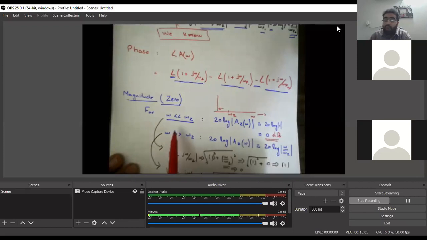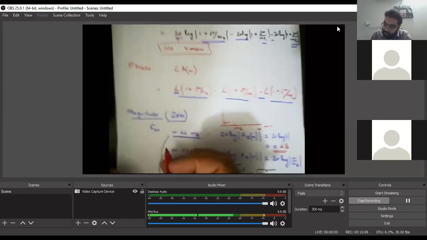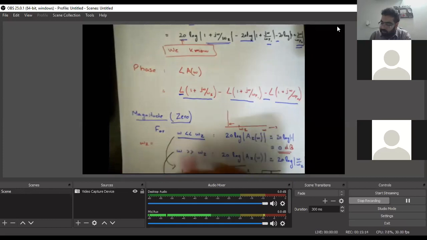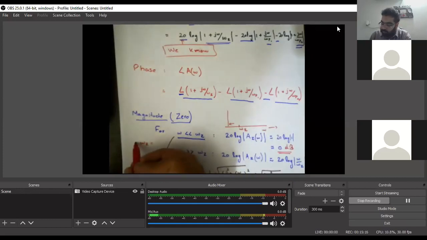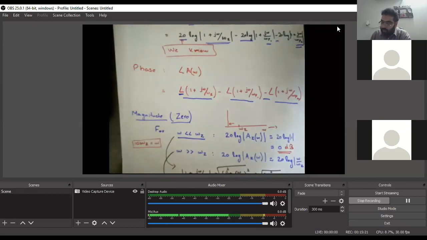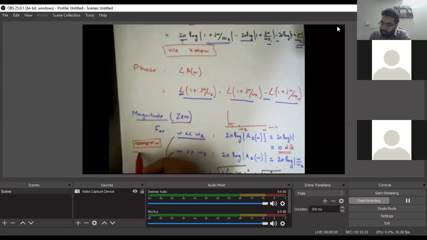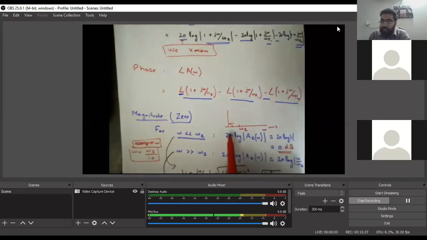And what is meant by very much less? Common rule of thumb, we say if omega is equal to 10 times factor, meaning if this is omega z and anything which is 10 times less than omega z, we will assume that it's going to be 0.